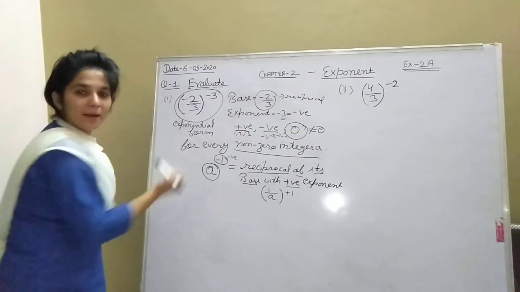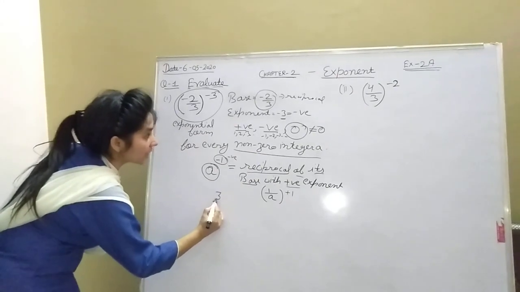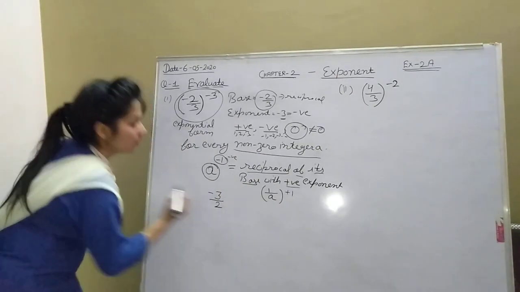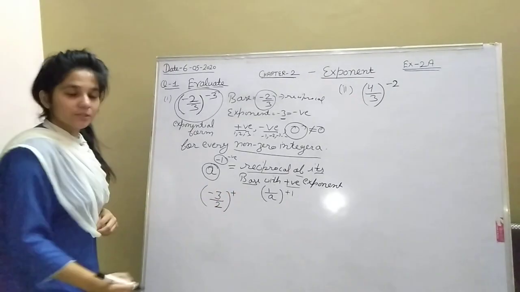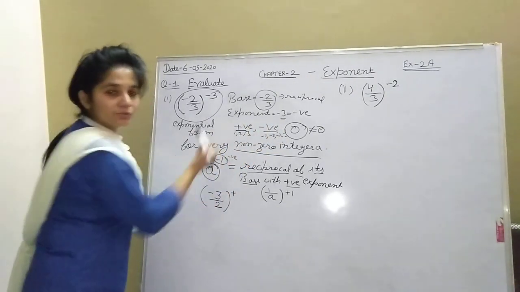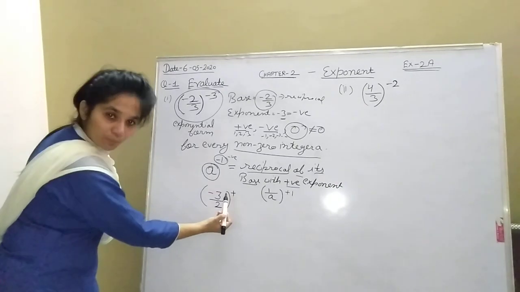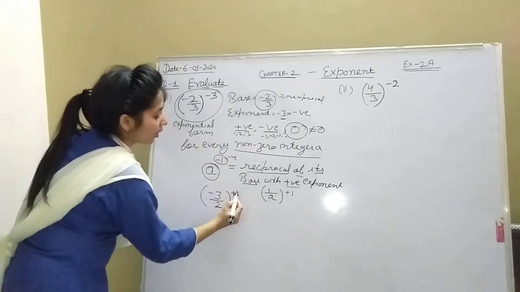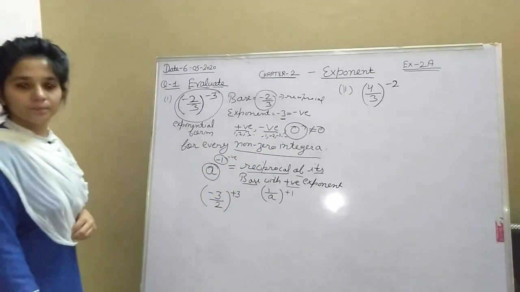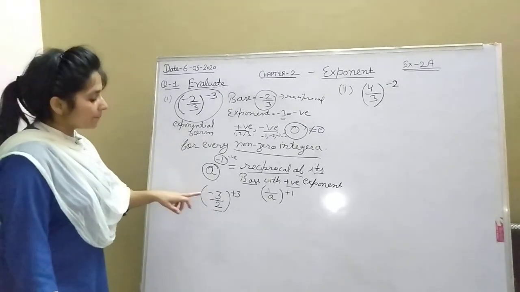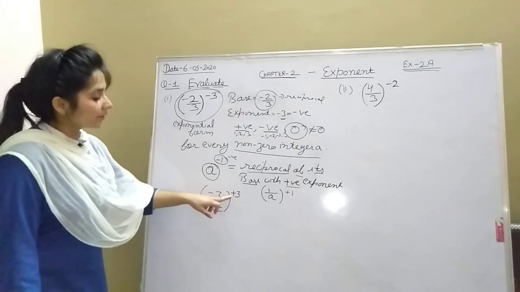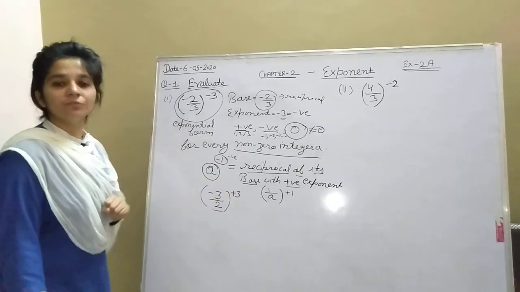Base is minus 2 by 3, its reciprocal will be minus 3 by 2 with positive exponent. Your exponent is minus 3, minus will be changed into positive. Now we have the new exponential form minus 3 by 2 raised to power positive 3.